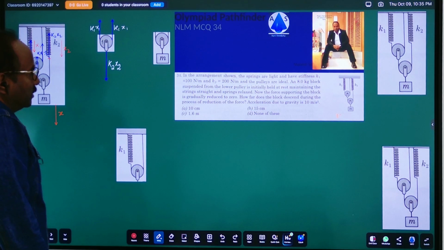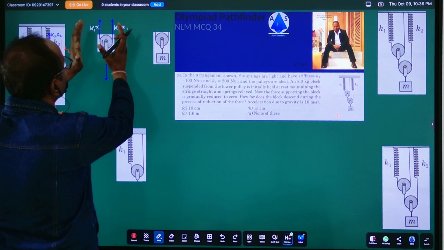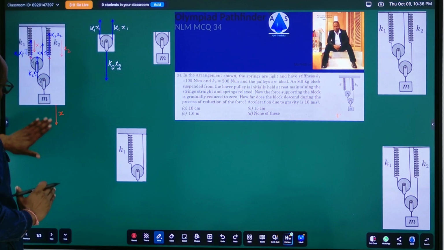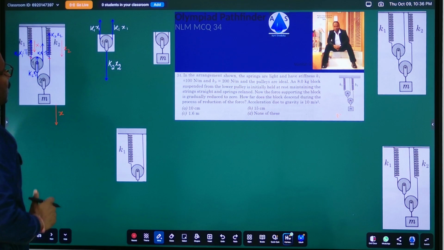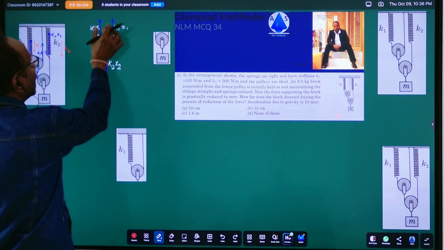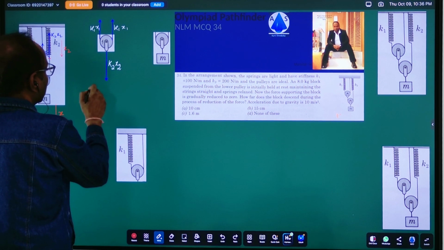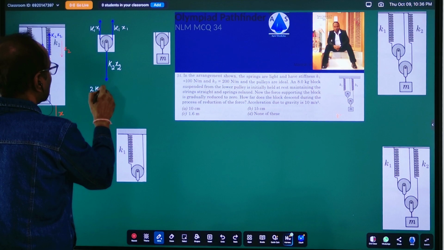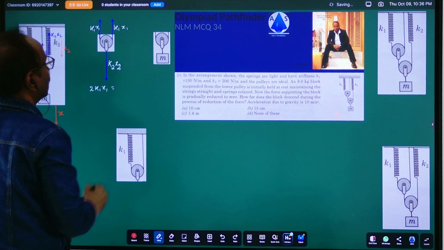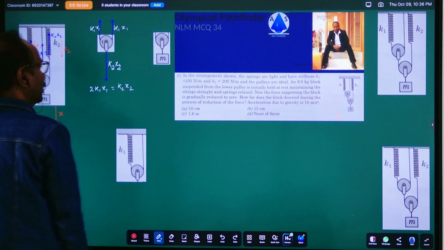Pulley is massless because it is an ideal pulley. So we can write the equation of motion, since it is in equilibrium when the block has already descended by x. In the upward direction, how much force is there? K1 X1 plus K1 X1, so 2 K1 X1. And in the downward direction, K2 X2. These two will be equal because it is in equilibrium.